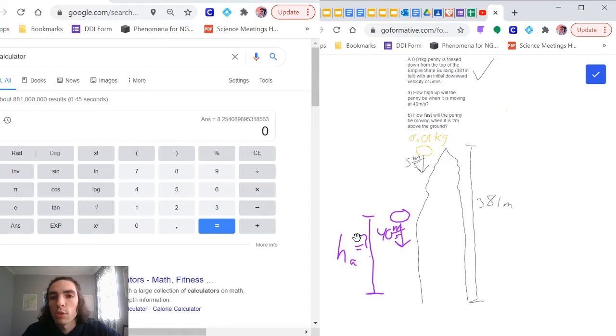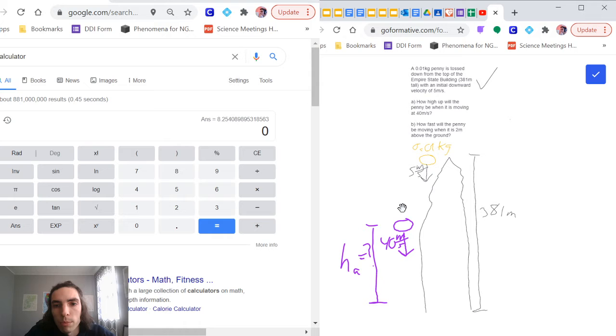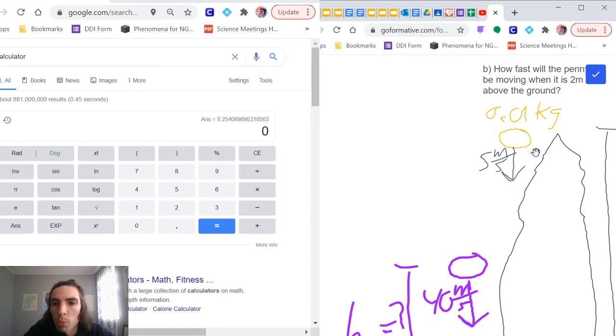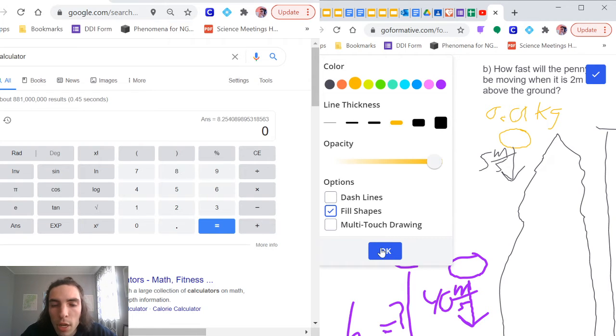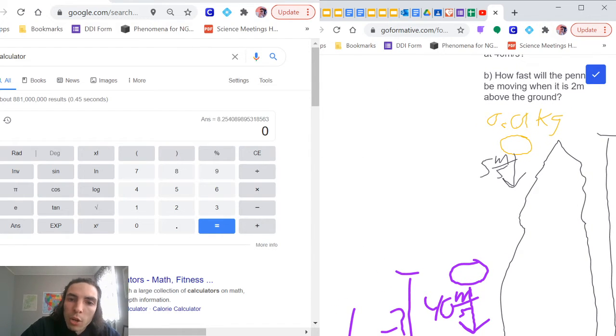So let's try to figure this out using energy conservation. And just as a reminder, what energy conservation means is that the total energy in the system remains constant. So what I'm going to do first is zoom in on the initial point for this penny and solve for its different types of energy. In order to do this, we can solve first for its gravitational potential energy, which is mgh.